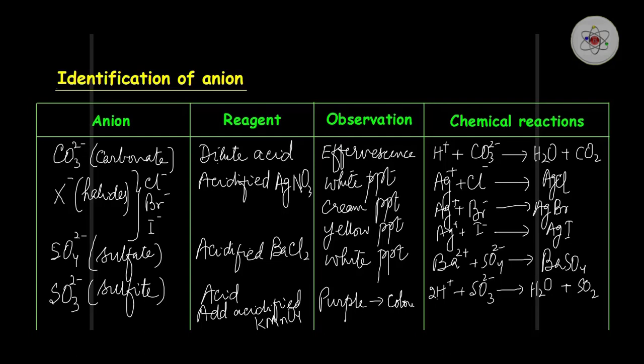So it will only turn colorless with sulfur dioxide present, which is oxidized by this oxidizing agent. Sulfur dioxide is oxidized to sulfur trioxide, and when KMnO4 oxidizes sulfur dioxide, it is itself reduced and loses its color.